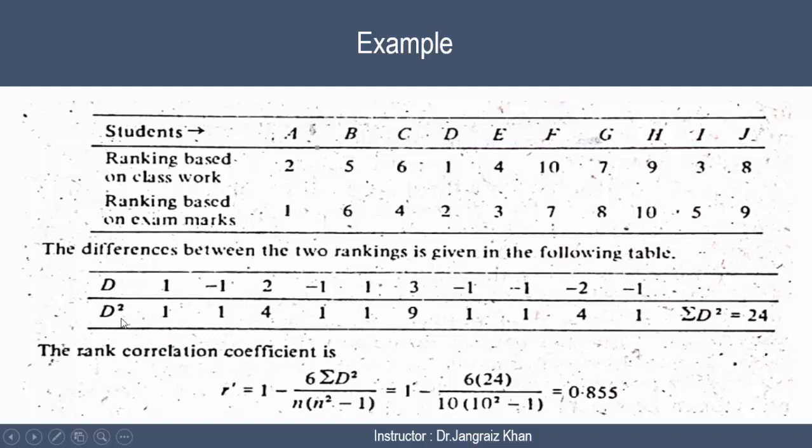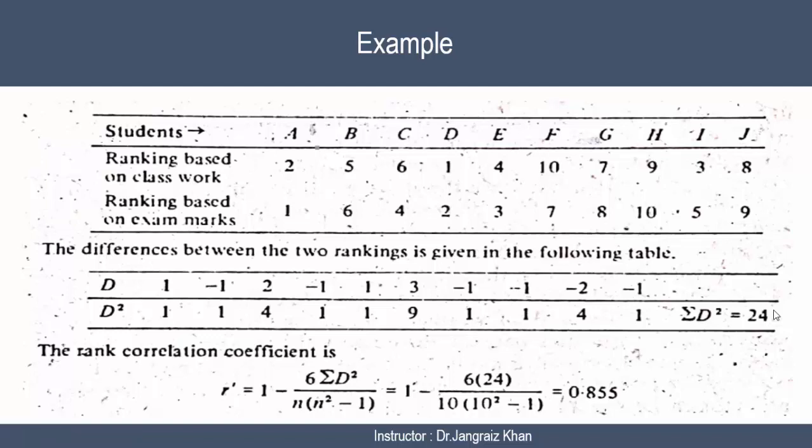And then, in order to get the D square, we square all the observations of the row D. So the square of 1 is 1, minus 1 square 1, square of 2 is 4, square of minus 1 is 1, the square of 1 is 1, square of 3 is 9, and so on. If we add all the observations of the D square row, we get summation Di square is 24.